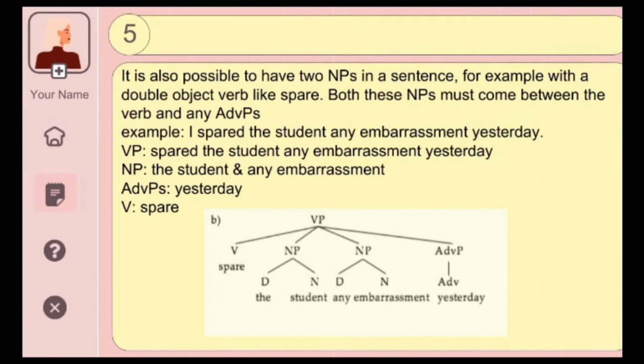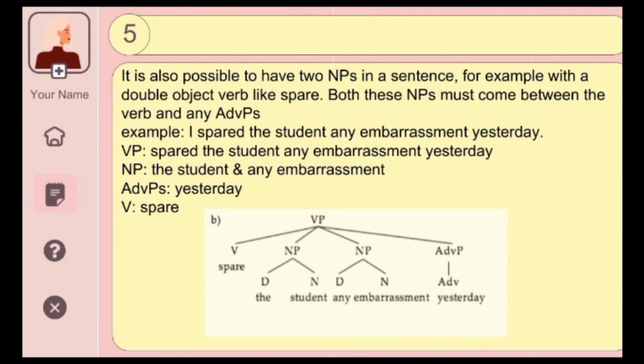So let's go with the tree. Our verb phrase is "spared the student any embarrassment yesterday." Our verb there is "spared." Our noun phrases are "the student" and "any embarrassment." The first noun phrase consists of a determiner and a noun.